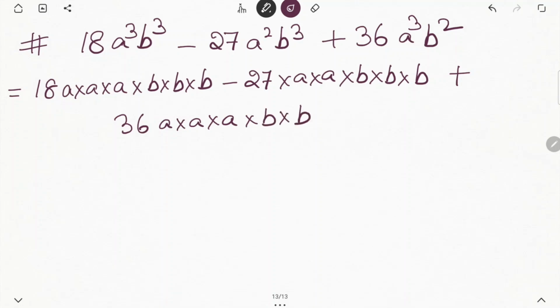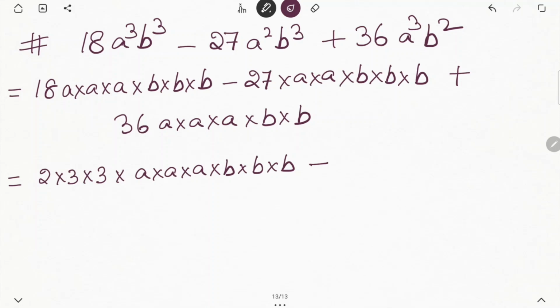The next step is we factorize the number. So what are the factors of 18? 18 is 2 into 3 into 3. Then a into a into a into b into b into b.